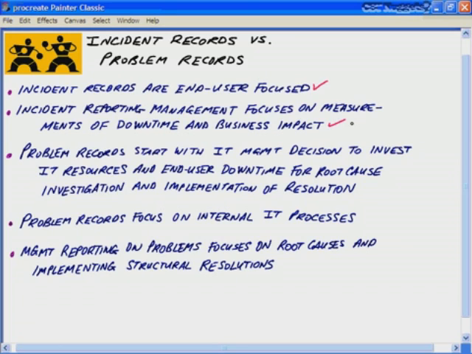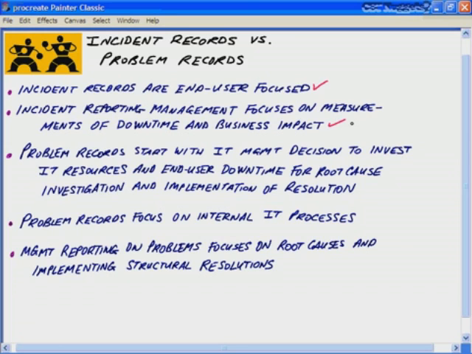A problem record, on the other hand, is going to start with an IT management decision to invest IT resources. For example, taking personnel off of the service desk and putting them on an infrastructure crisis, or investing in new power supplies, or new software solutions that identify rogue DHCP servers, wireless or wired.